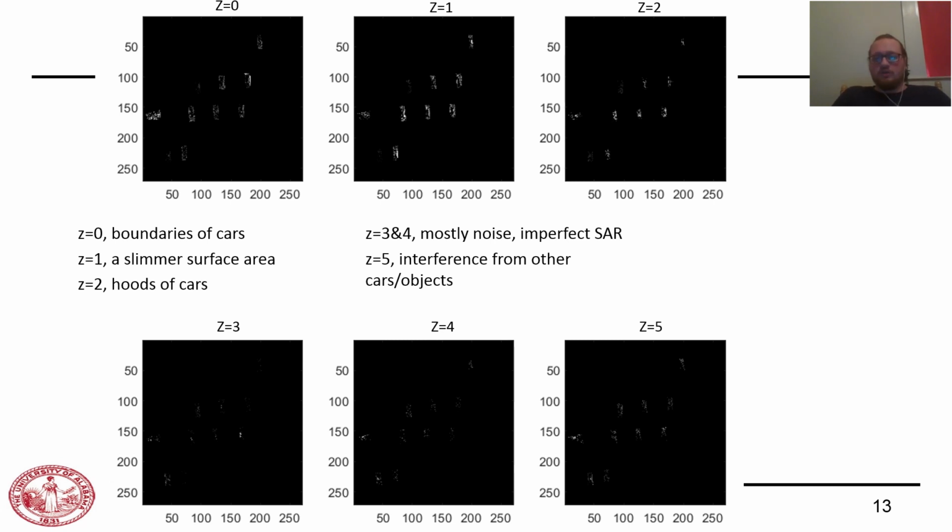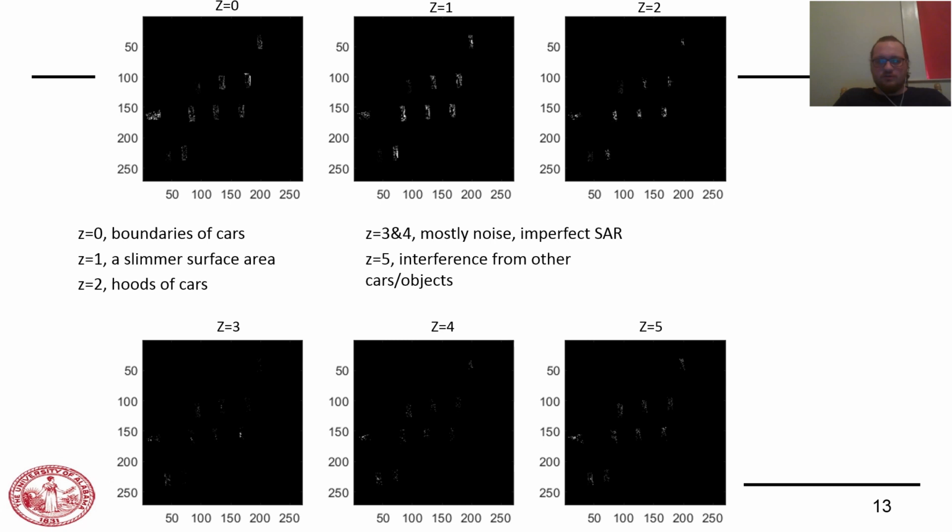And when it goes to z equal to 1, we see that that surface area becomes more cylinder, which reflects the car shape at z equal to 1 meter. Then at z equal to 2, we are now showing what only amounts to the hood of a car.